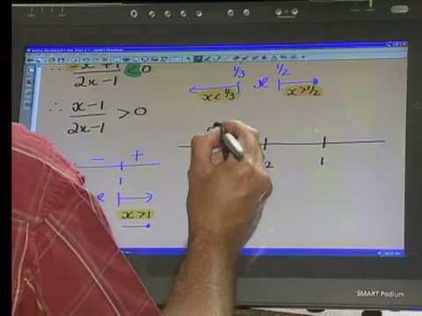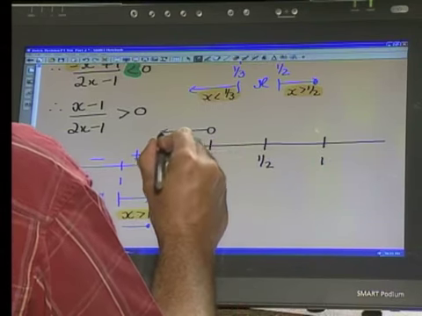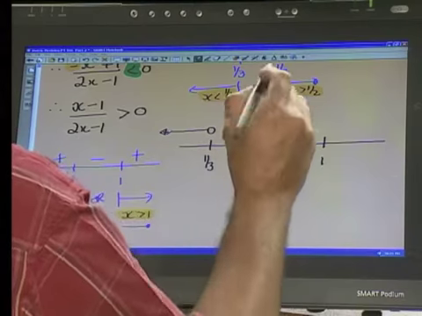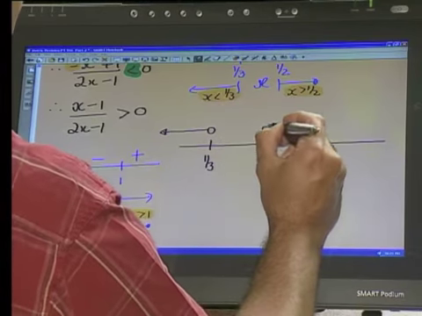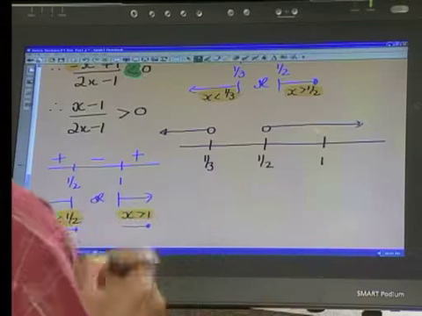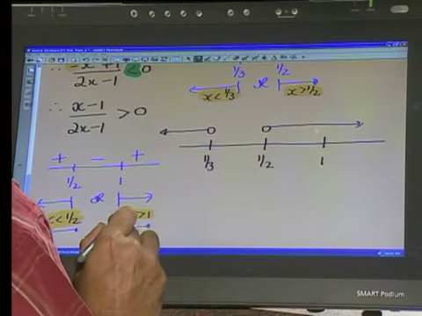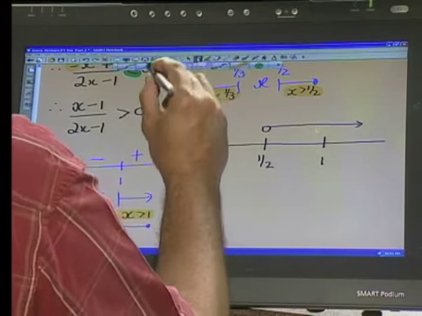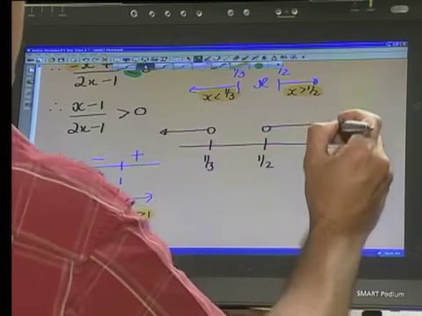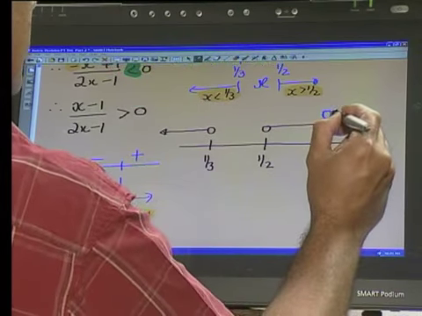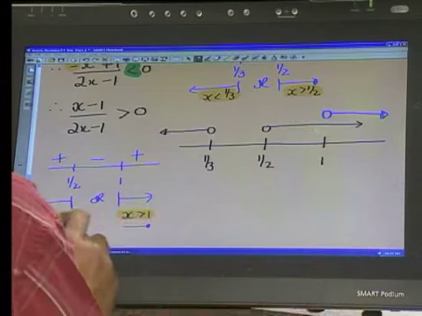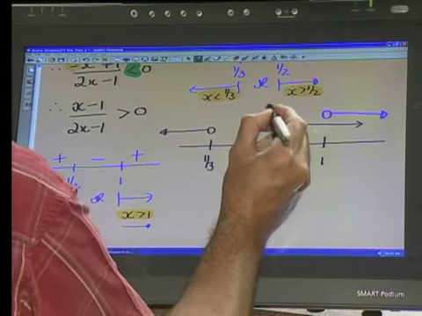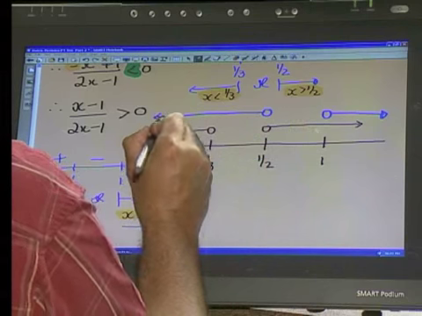If x is smaller than a third, it runs this way. But then they said at the same time it must be bigger than a half. There. Here, for the second answer, I'm going to draw that in blue. x is bigger than 1, which lies over there. And then x is smaller than a half, comes this way.